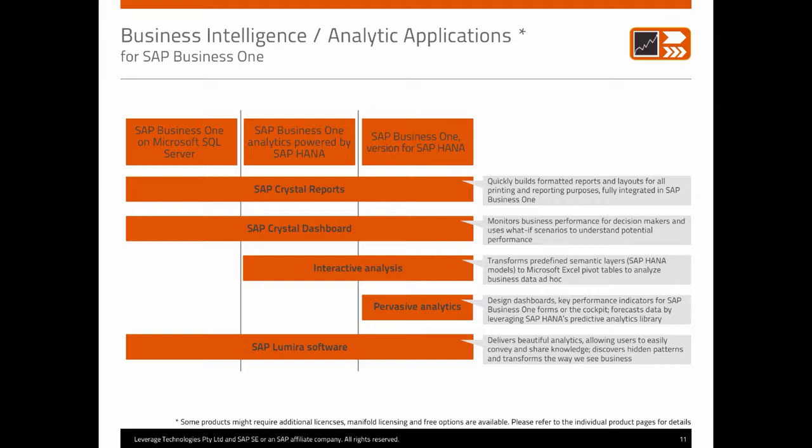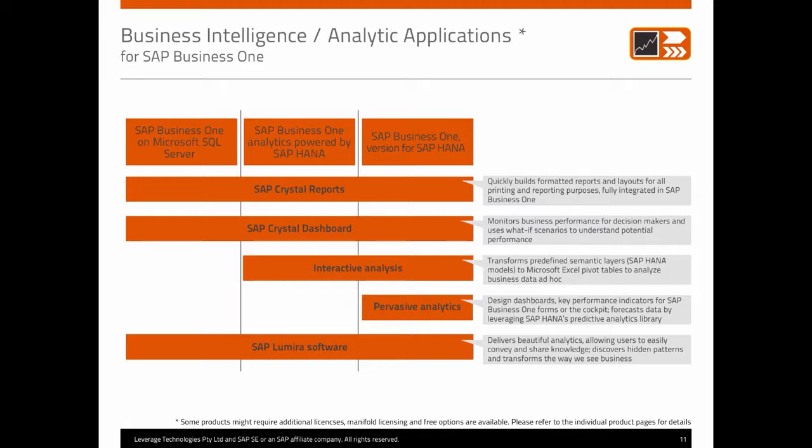If you need to give people the ability to do their own on-the-fly or ad hoc analytics, and people love working with Microsoft Excel, then the interactive analytics that comes as part of SAP Business One for HANA is perfect for that. The pervasive analytics allows you to take that one step further and design dashboards and build your own KPIs or key performance indicators for SAP Business One forms.